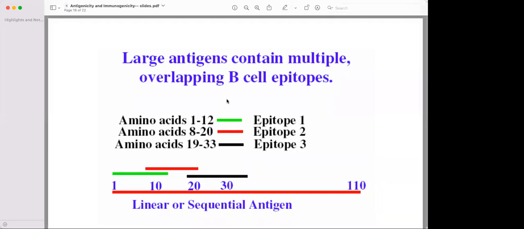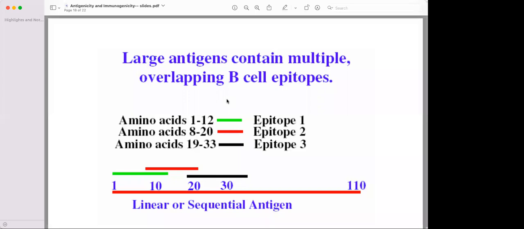Somebody is saying it will be positive because of overlapping epitopes. We need the answer to that question, Prof. Please clarify on hapten. Hapten is quite clear, so when you get these notes, it will be visible to you. Do T cells attach to specific major histocompatibility complexes? Yes, T helper cells will attach only to major histocompatibility complex class 2.